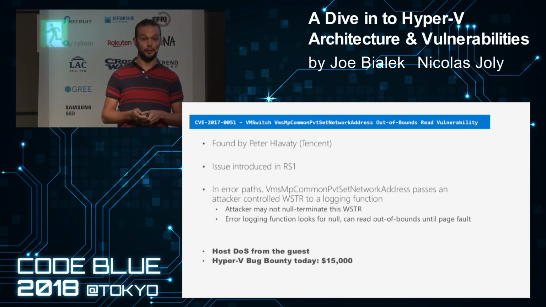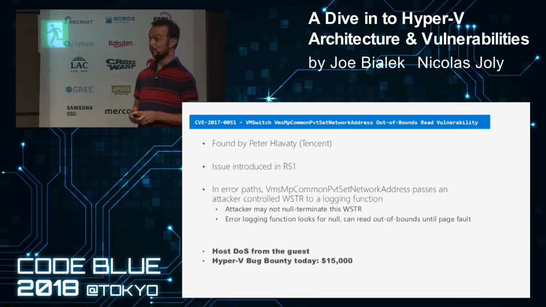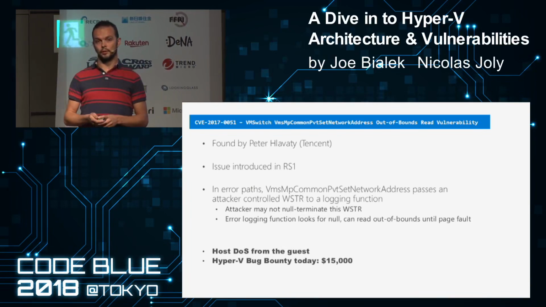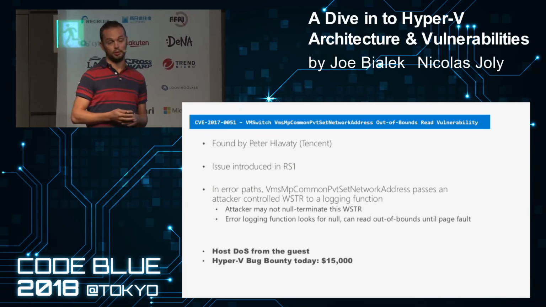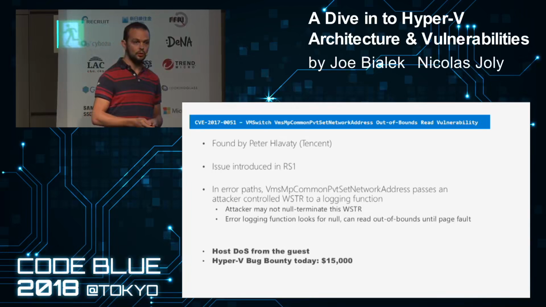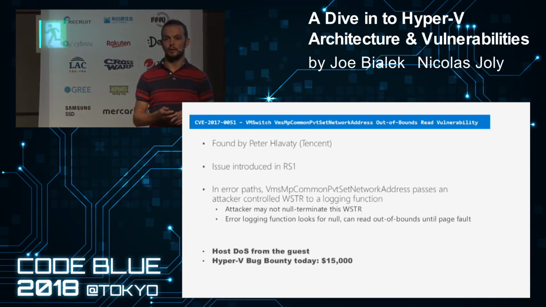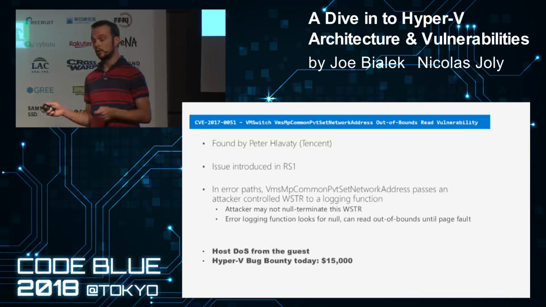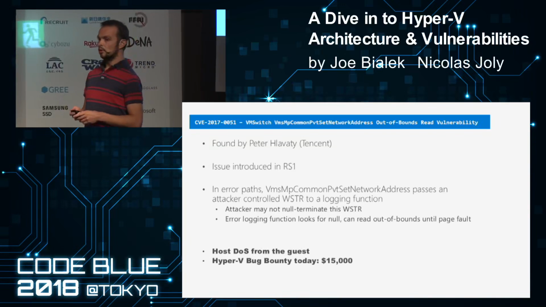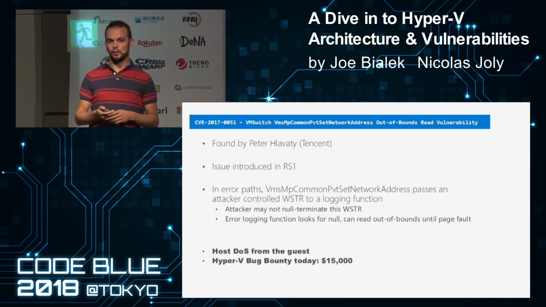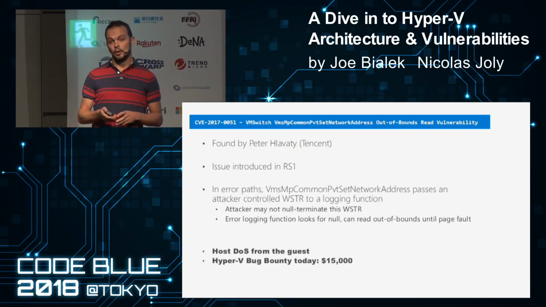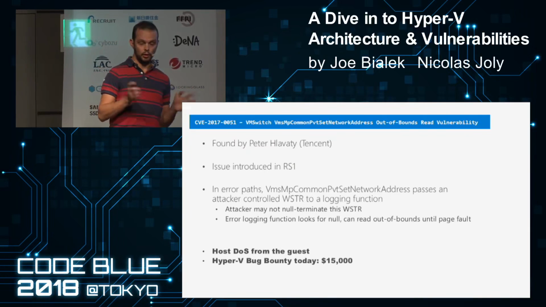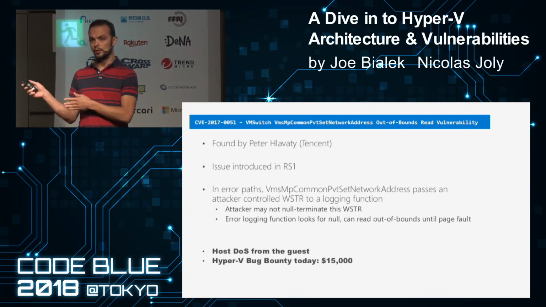And unfortunately for us, this bug had to do with a long string sent to the host. Peter found a way to trigger a crash in the host just by sending a packet embedding a string without a null character. What was happening is that between TH2 and RS1, the developers added a function that was reporting errors.